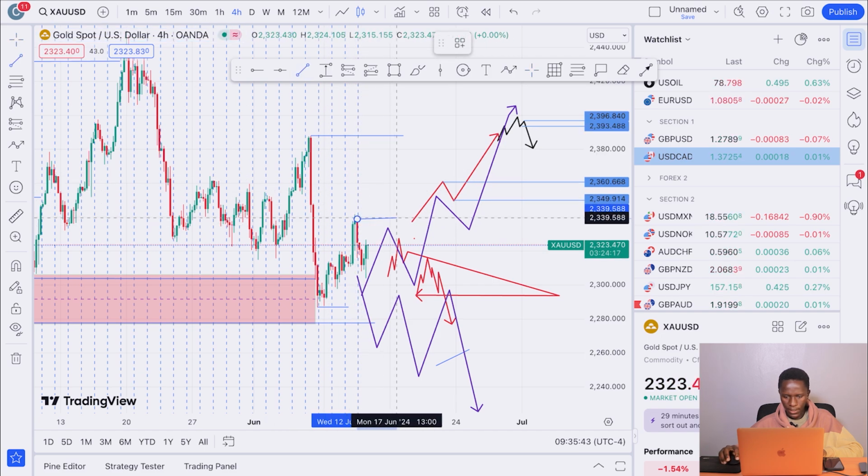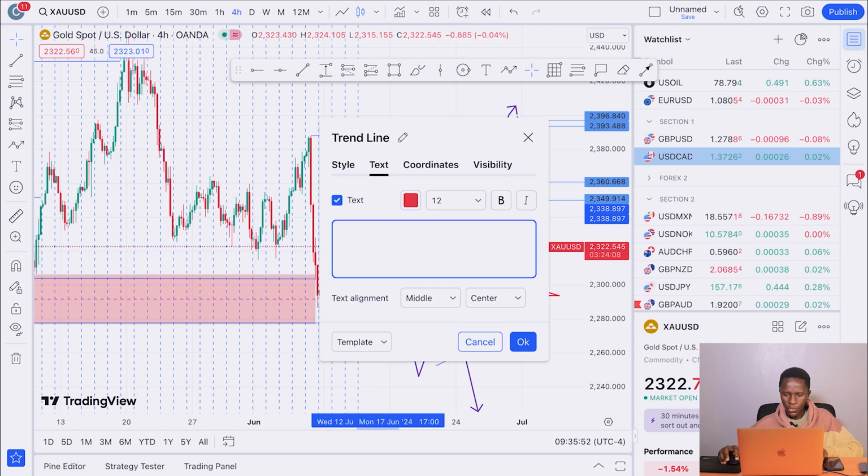By the way, this is not yet a high because it hasn't swept anything, but in case it comes and sweeps below, this will be our choke level. This is where we will confirm the change of character from.